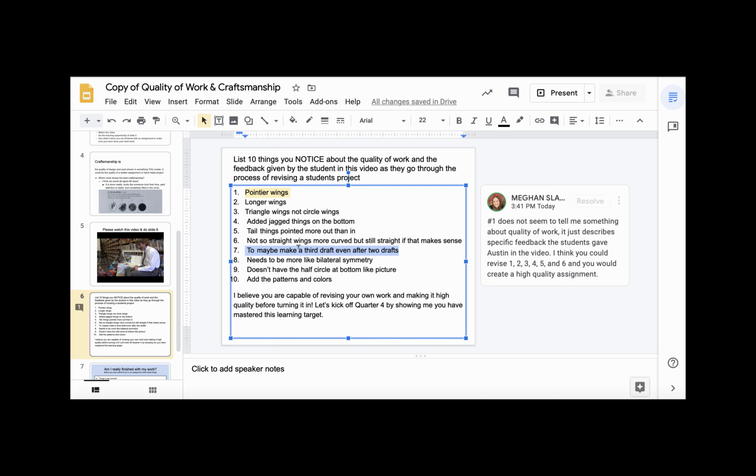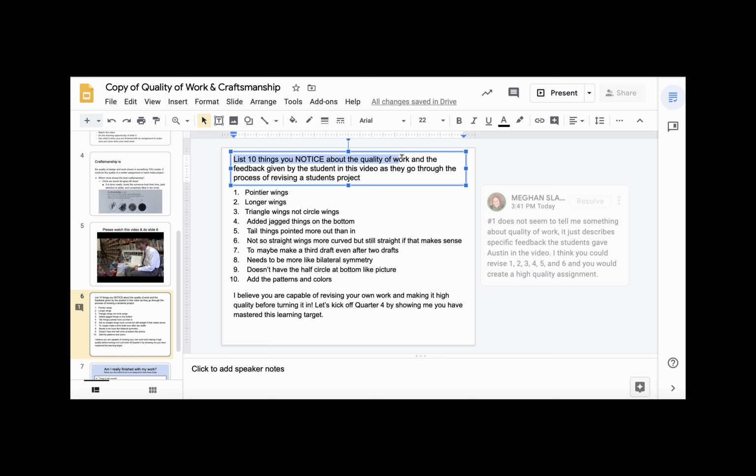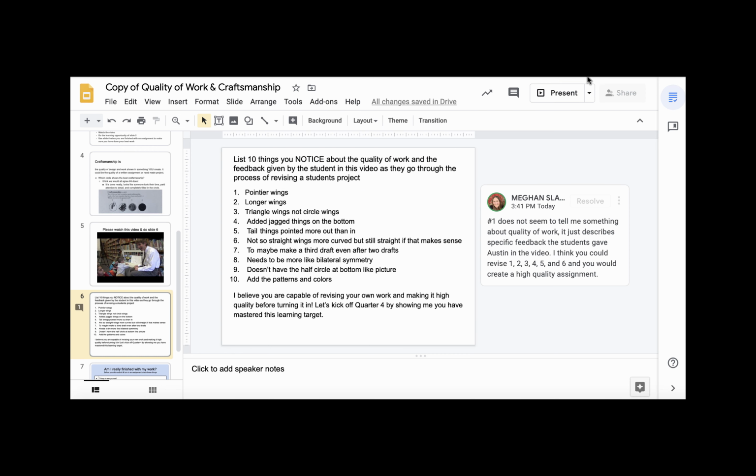Not so straight wings. So 1 through 6 need improving. 7 is okay. 8, bilateral symmetry, doesn't have a half circle bottom. Really 7 is probably the only one that truly answers or lists 10 things that were noticed about quality of work and feedback. So that's that.